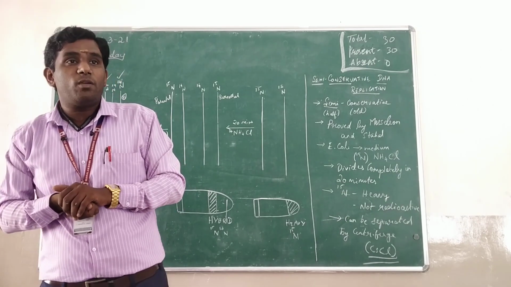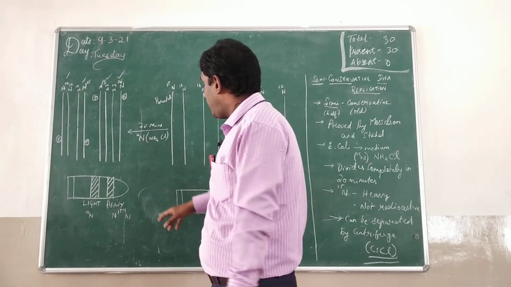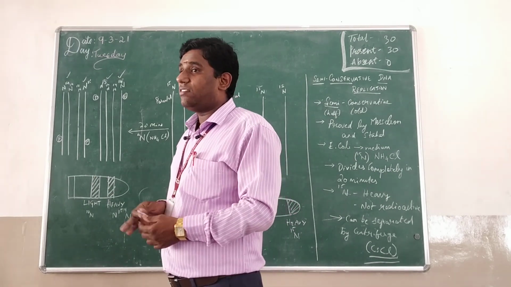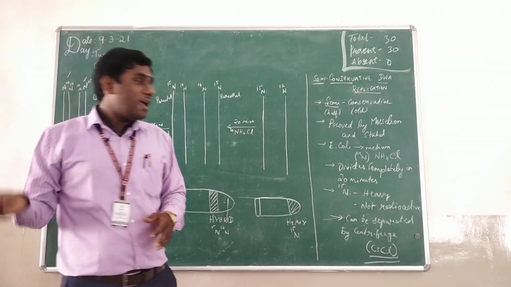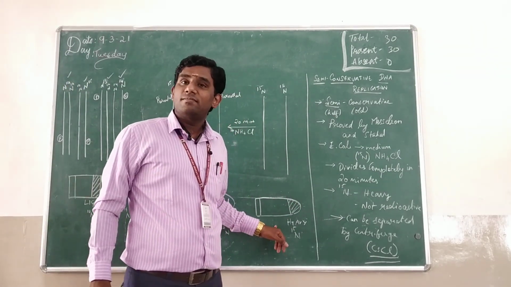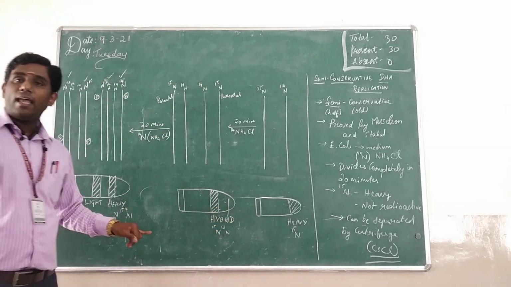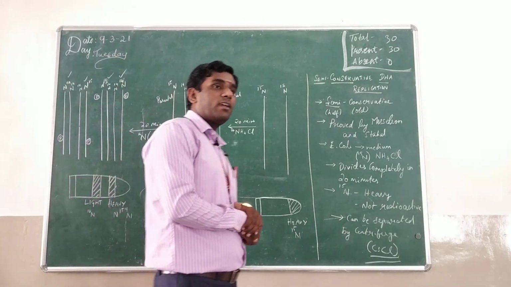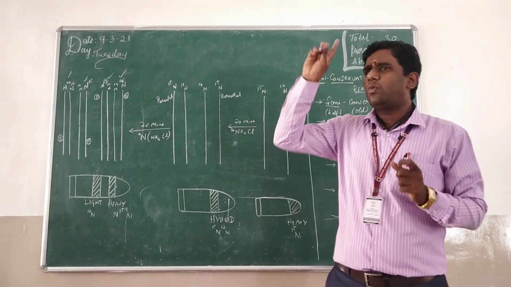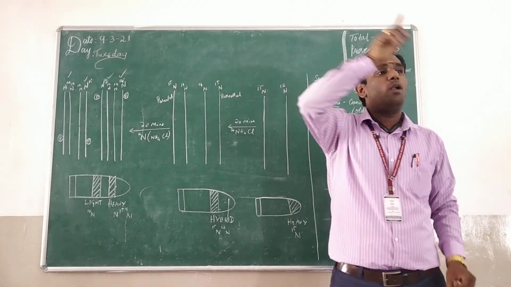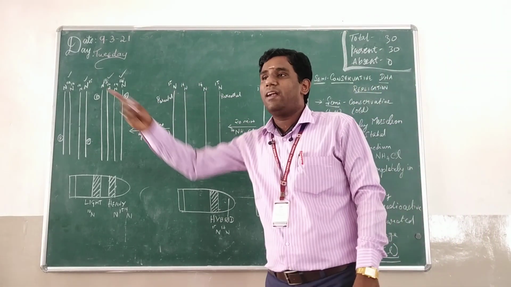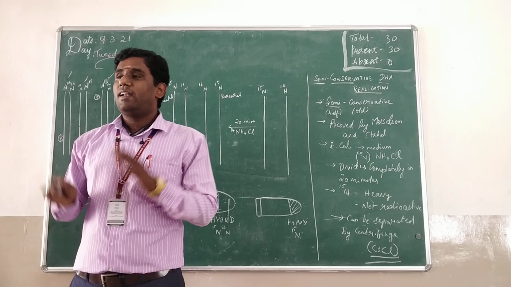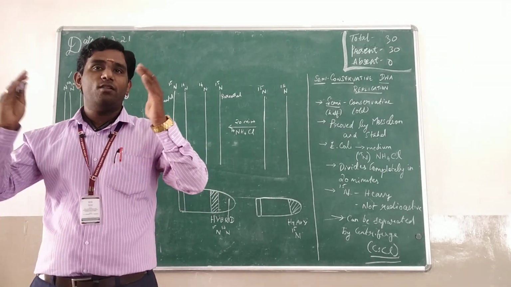So they got a hybrid band and then a light band. So using the centrifuge technique, they proved that there is always one strand of DNA which comes from the parental strand. And thus Meselson and Stahl proved that DNA replication is semi-conservative.